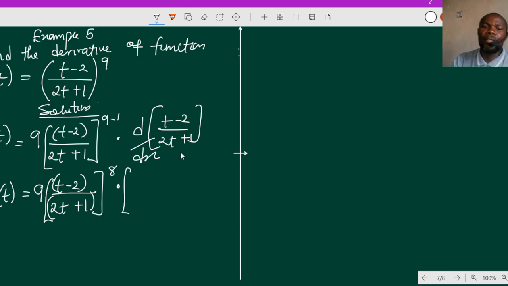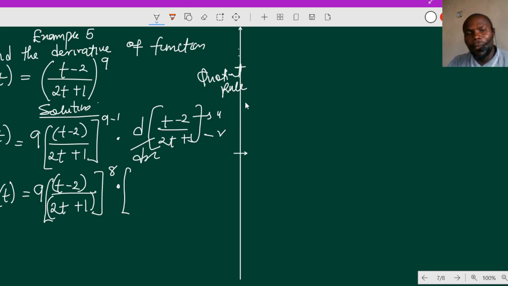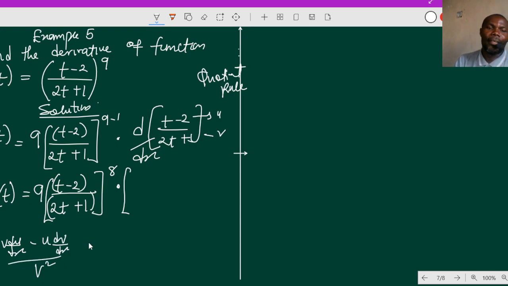What you are going to do here is quite different. You apply what we call the quotient rule. So in applying the quotient rule, this is u, this is v. And you know the formula before: dy over ds is equal to v du ds minus u dv ds, all over v squared. So this is the quotient rule.